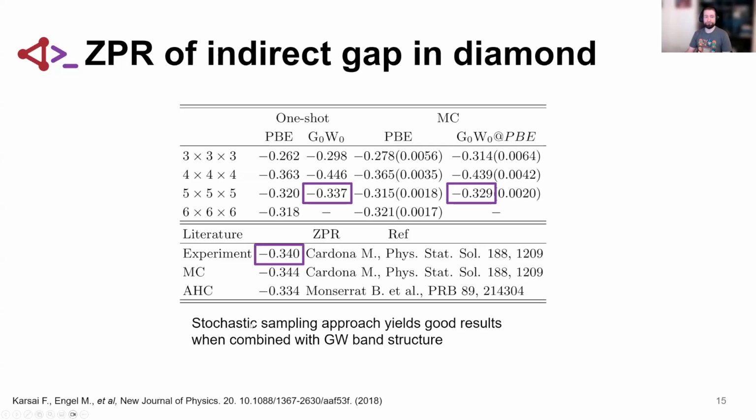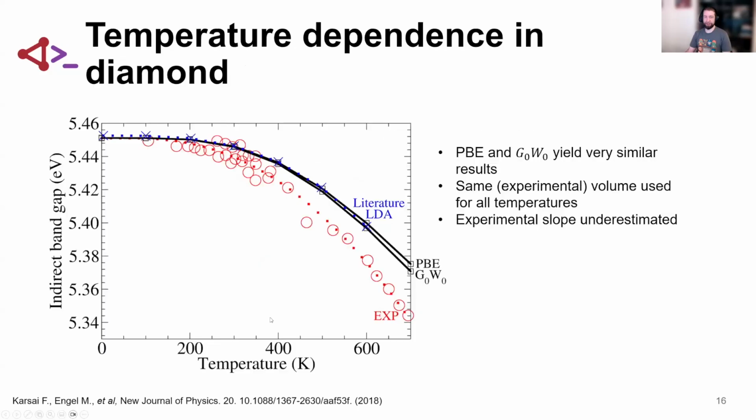All right. Another thing you can look at is the temperature dependence, since now you can choose different temperatures to pick from your phonon spectrum. You're able to produce a plot such as this, where you look at the indirect band gap as a function of the temperature, because this renormalization will change as the temperature increases, as the phonons are more and more occupied.